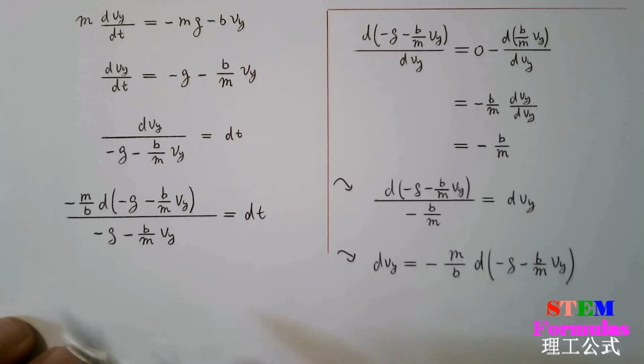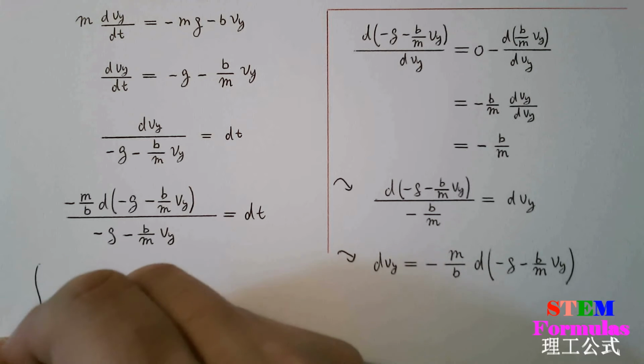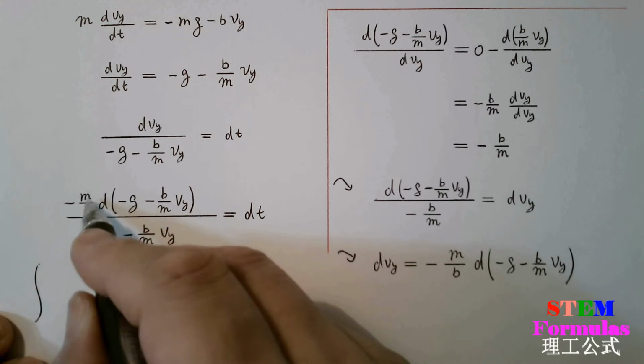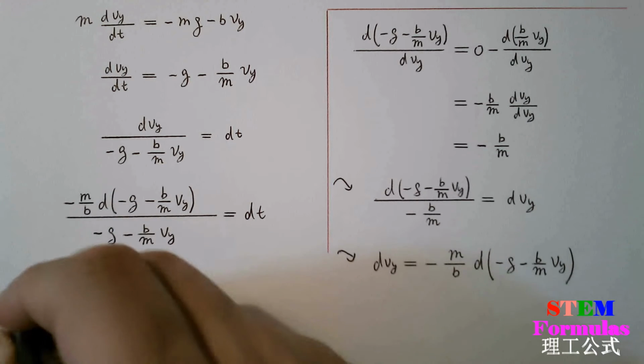Then we integrate both sides. We have this constant, we take it out.